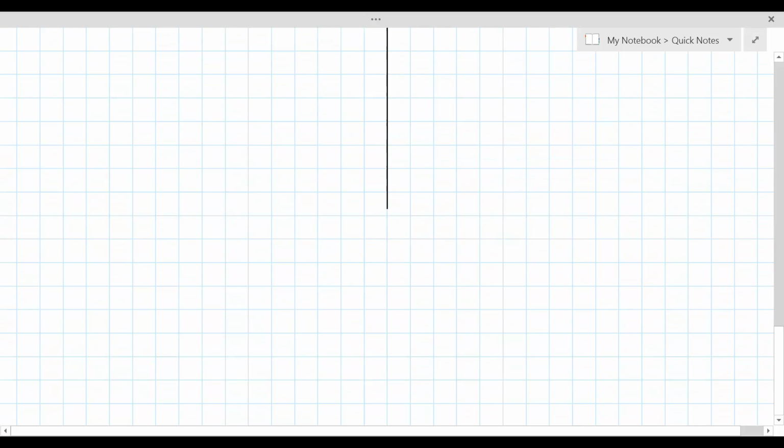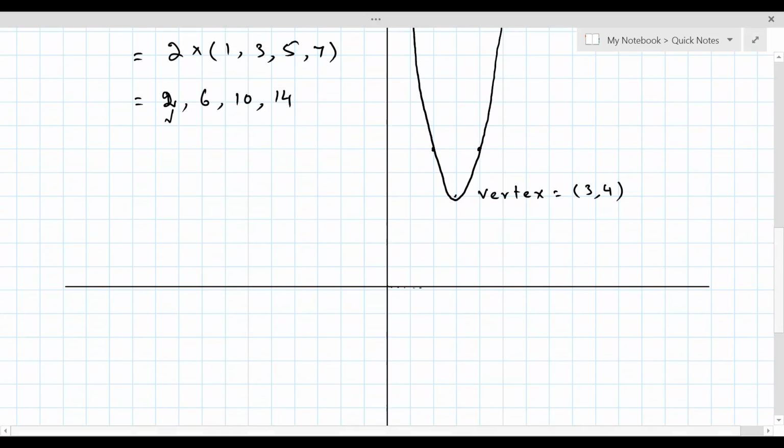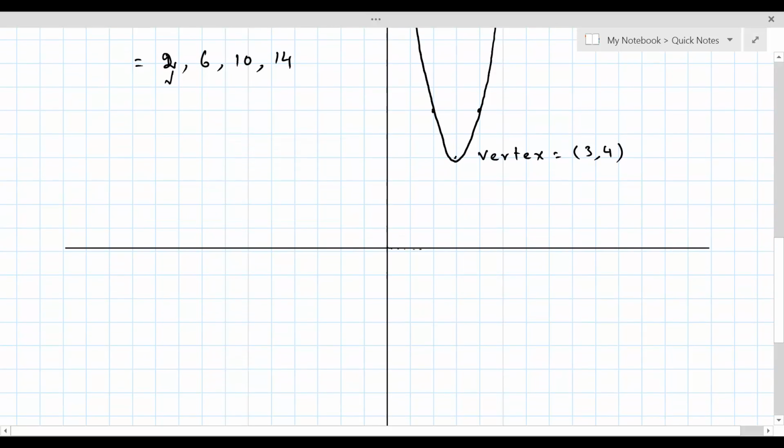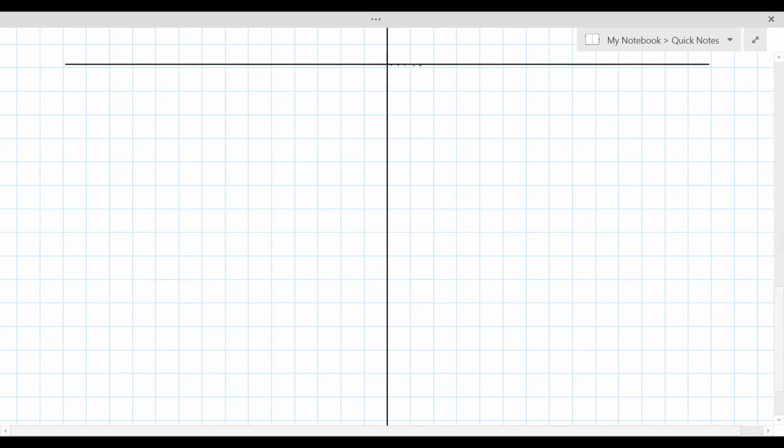The original base graph we can always find, but we don't need to write that as it is not required. So this is for drawing the graph of the given quadratic function, and now we need to answer those questions which were asked. First was the vertex. We already answered that. The vertex is equal to (3, 4).